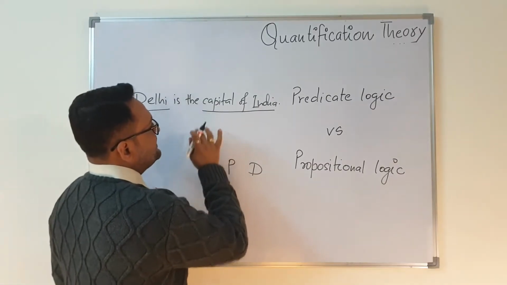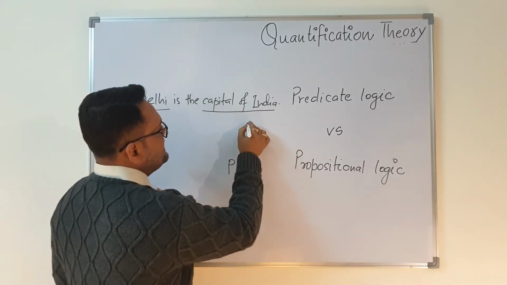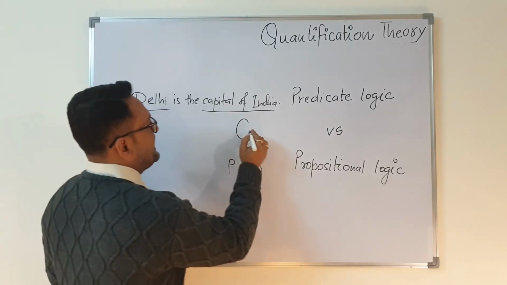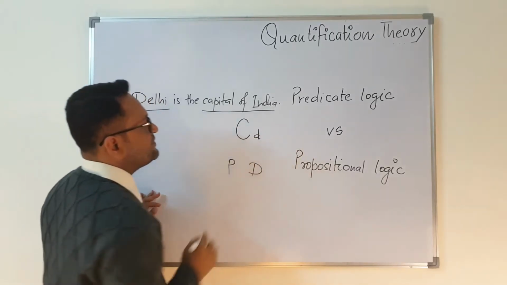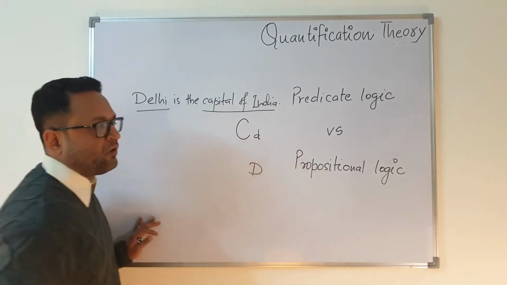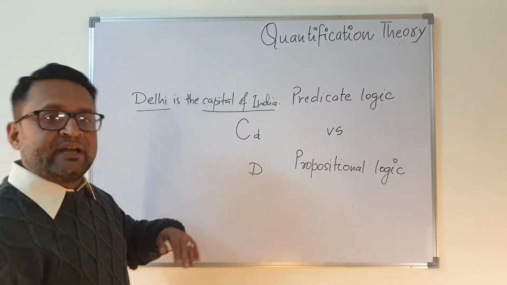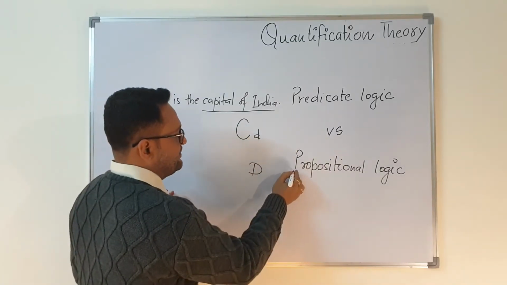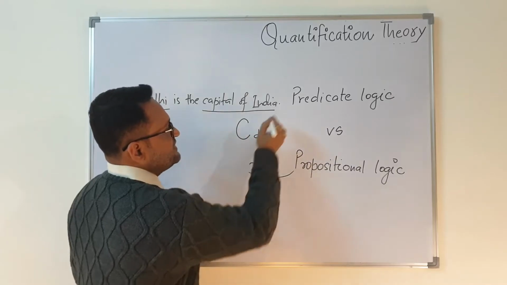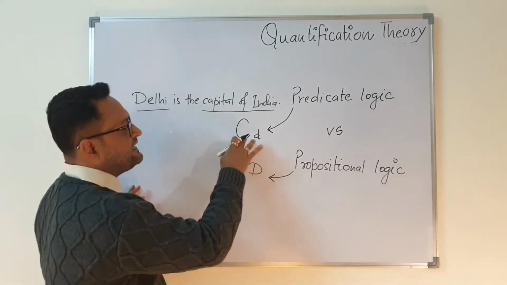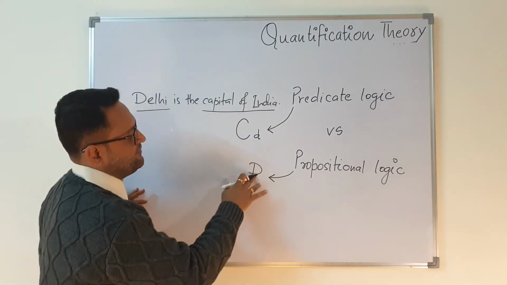So we take capital of India as C, a big letter, and Delhi as d, a small letter. So whether you symbolize it as D or as Cd, it is exactly the same thing. Just that one is the symbolization from propositional logic and the other is the symbolization of predicate logic. It says d is C.